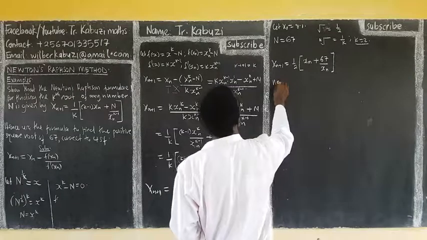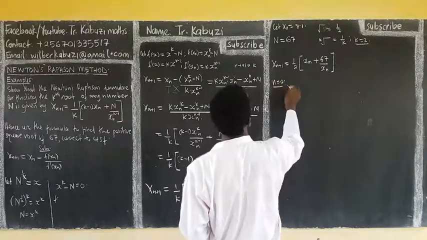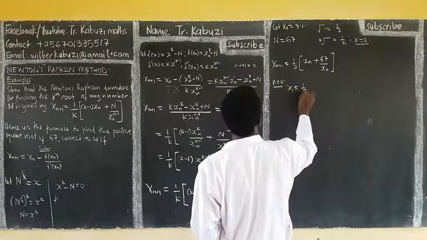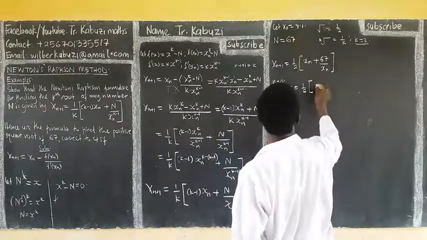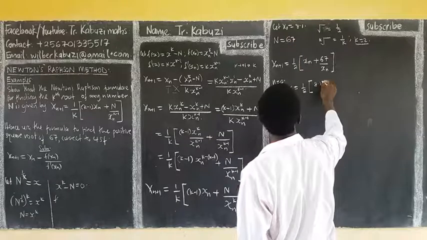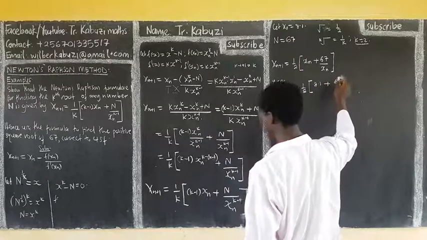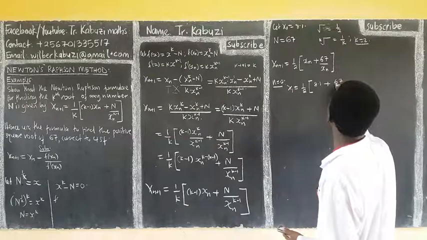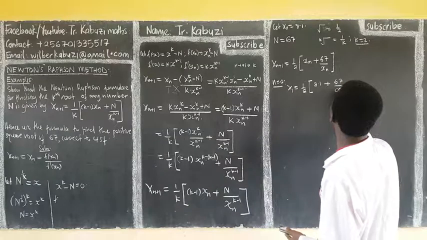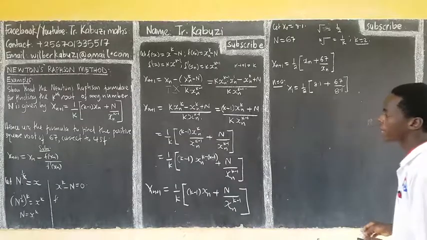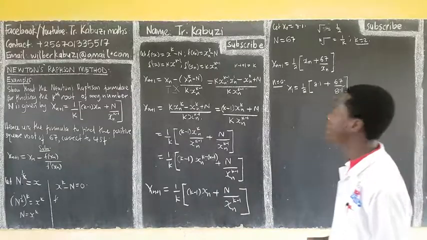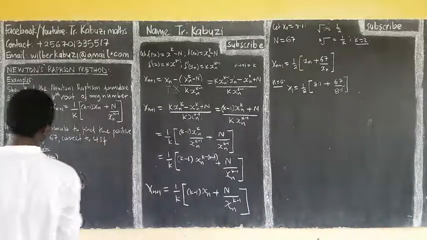Now, when n is 0, x1 is going to be 1 over 2 into x naught, the initial root, 8.1, then plus 67 over 8.1. I've told you how you do that. But now we can get our tolerance.